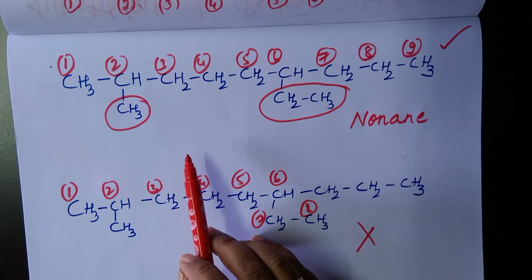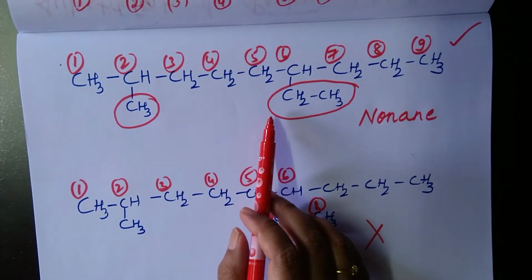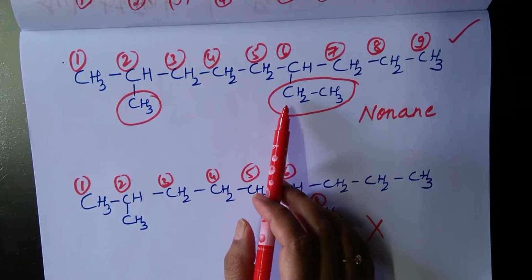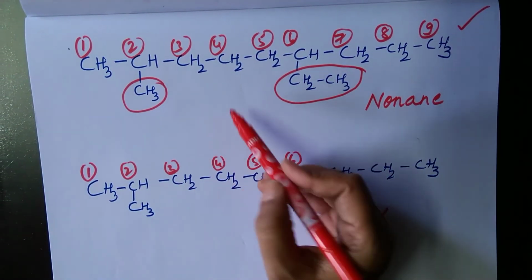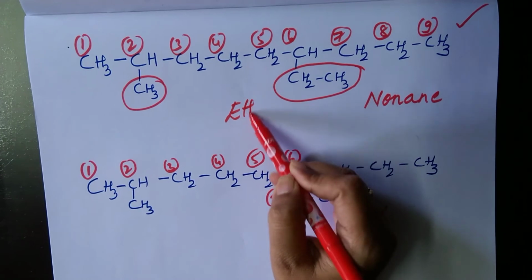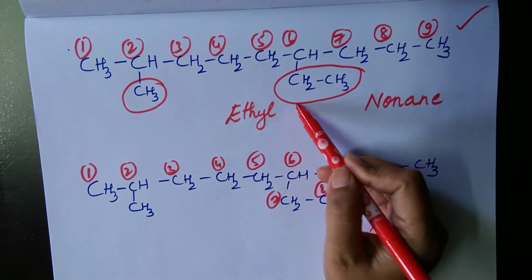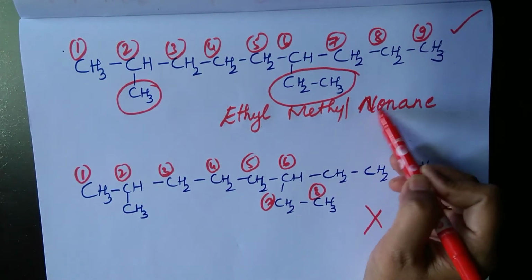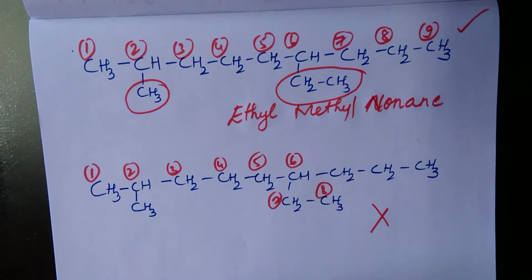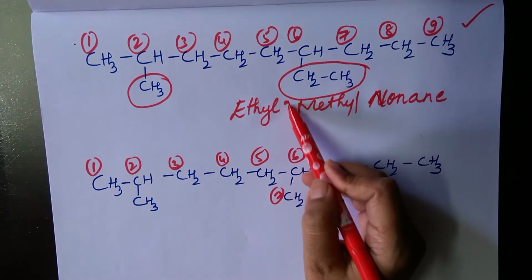Now whom should I write first? Arrange them in alphabetical order. Ethyl, A, B, C, D, E comes first and then comes M. So I will write ethyl, and then methyl, nonane, N should be small. Now where is your methyl group situated? On carbon number 2.